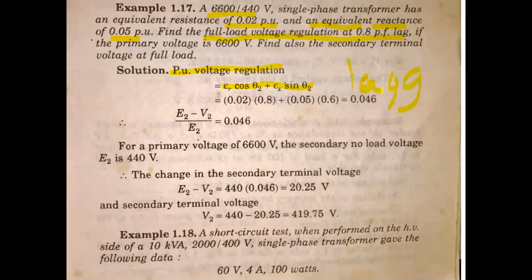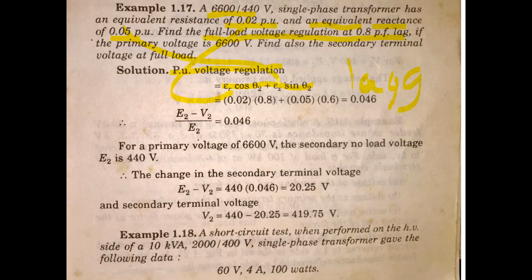Where sigma r is called per unit resistance, sigma x is called per unit reactance, and cos theta 2 is the power factor. The given per unit resistance is 0.02, the power factor cos theta 2 is 0.8, and the per unit reactance is 0.05.